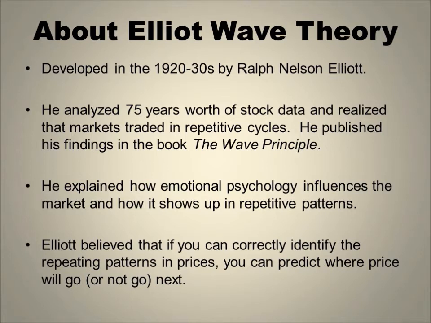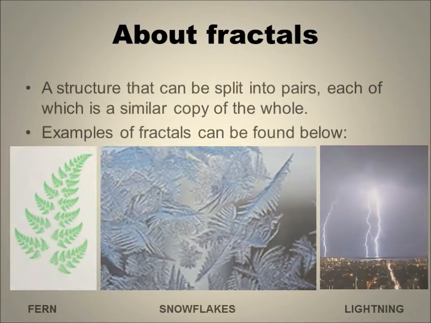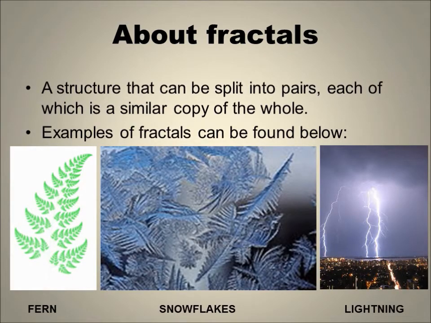Now, let's talk about the word fractal. What is a fractal? It means you take an entire piece of something, and when you break it up, those pieces are the same as the whole. For example, we look at this fern leaf on the left, snowflakes in the middle, and lightning bolt on the right.